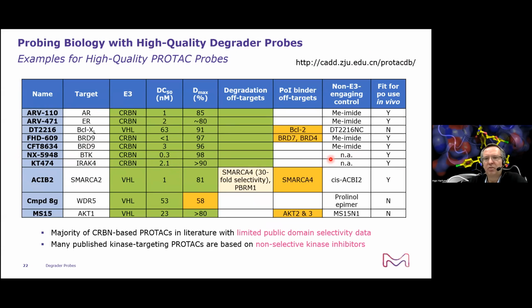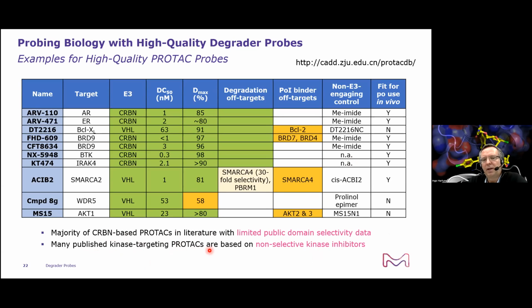They don't come with matched controls, so that is obviously a shortcoming. Many of the PROTACs in the public domain, especially cereblon-targeting PROTACs, do not come with published selectivity data, so it makes it difficult to really assess if they would be fit for purpose.